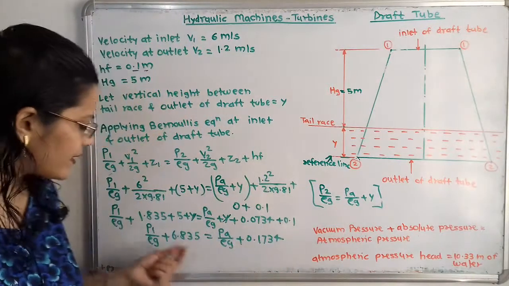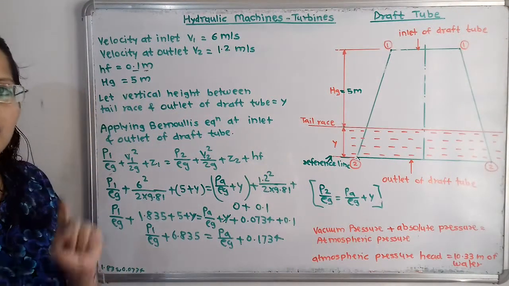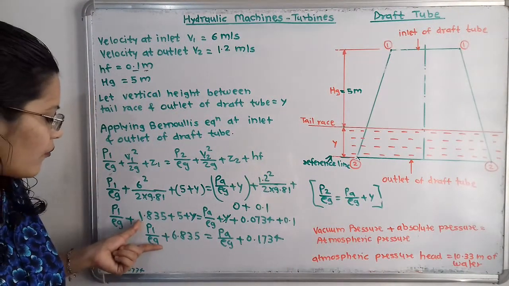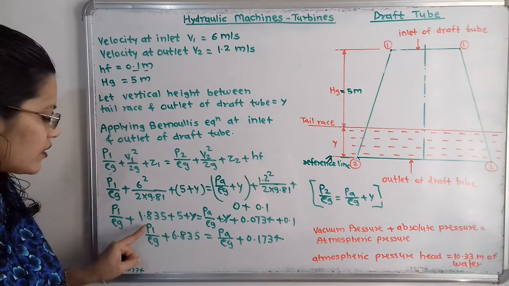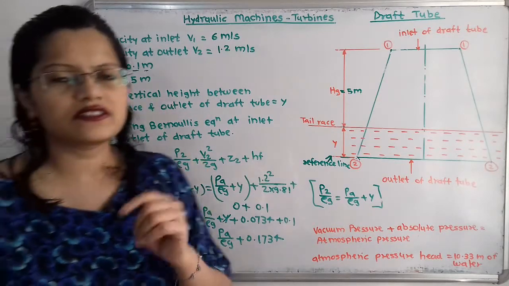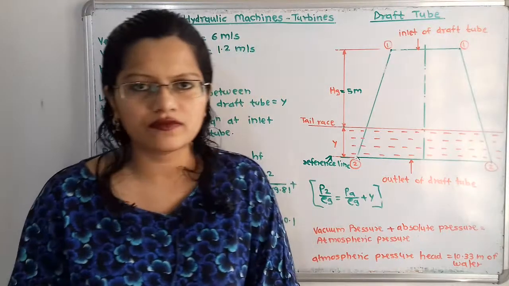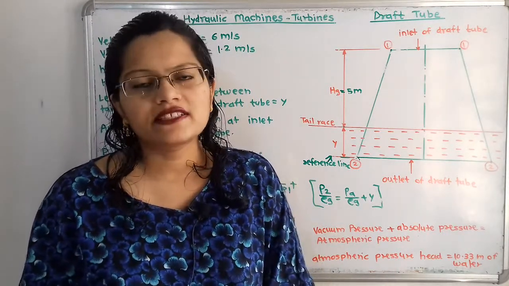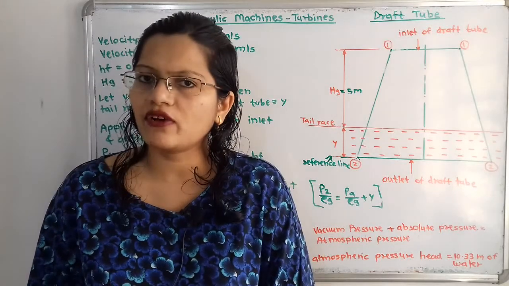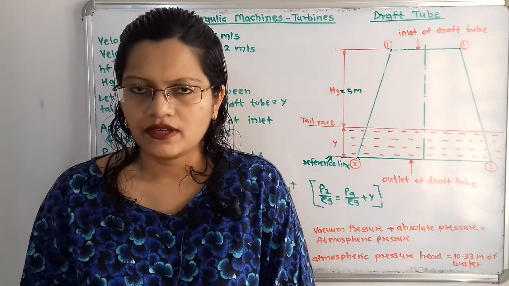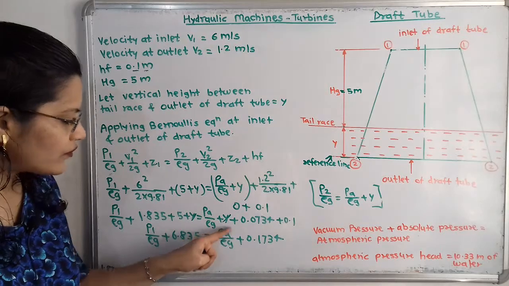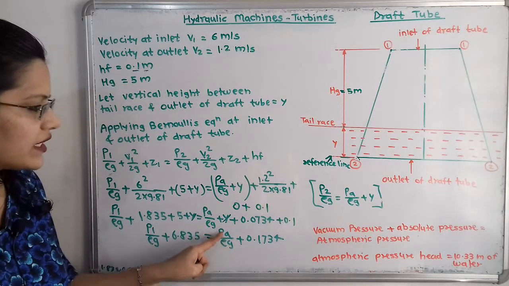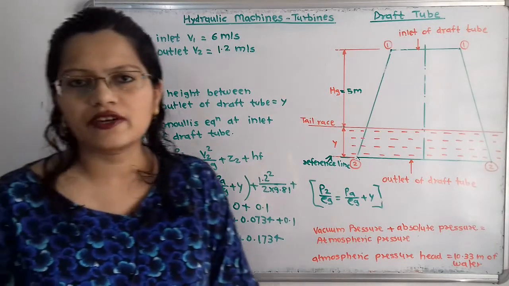Now how to find out this P1 by rho g? In what form do we want this P1 by rho g? This is the pressure head at section 1. So we have to find out the answer in absolute pressure head or vacuum pressure head, and that depends on what value of Pa by rho g, that is the atmospheric pressure head, we take.